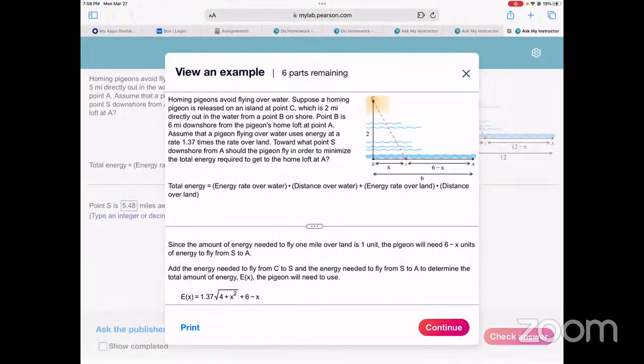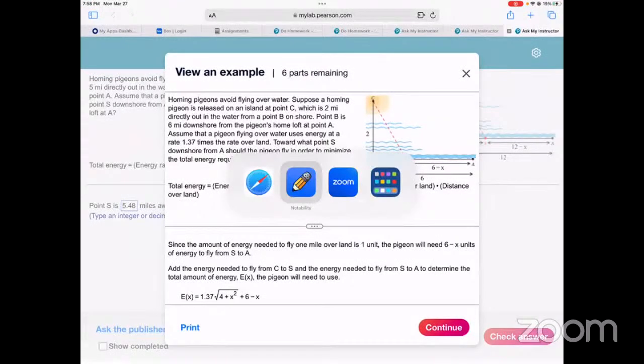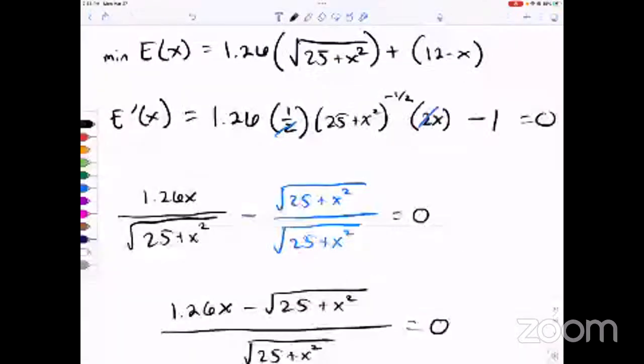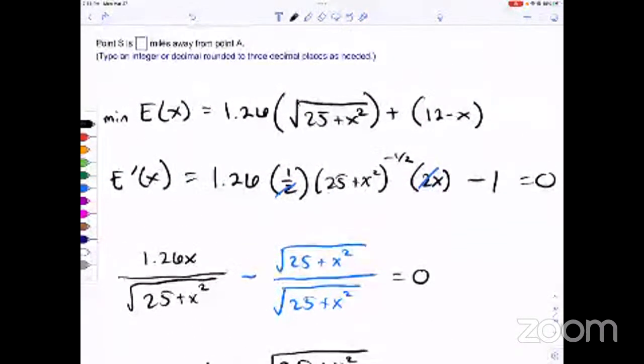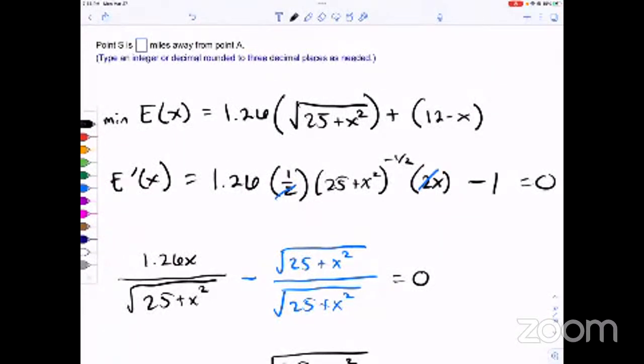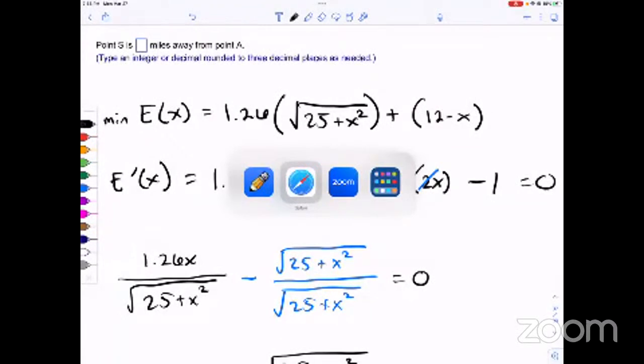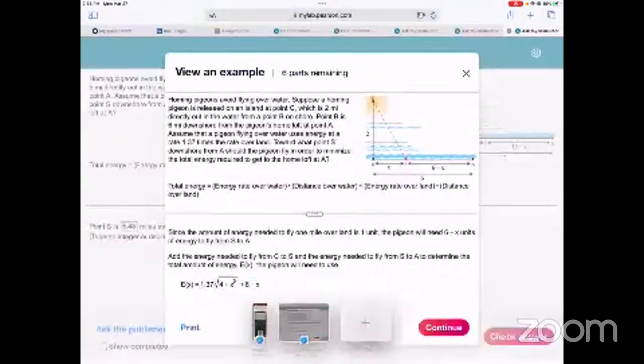Let's just go back and check our work. Right here. But I think that's good. I think that matches what they had. Yeah. 6 minus x.